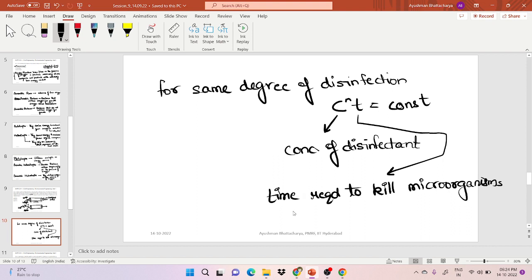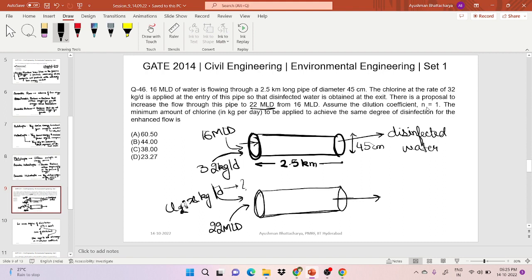Okay, and n is the dilution coefficient. Here the raised to power n, this is dilution coefficient. Okay, for same degree of disinfection, C raised to power n T is constant, where C is the concentration of disinfectant and T is the time required to kill microorganisms. Okay, here they have mentioned to assume the dilution coefficient is equal to 1.